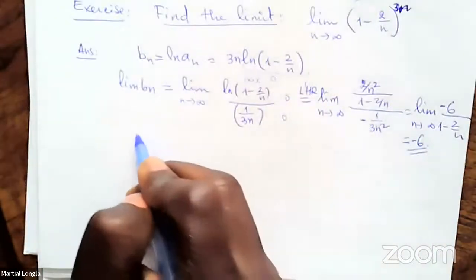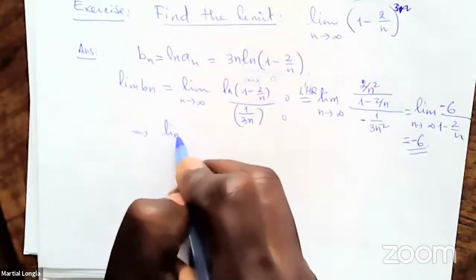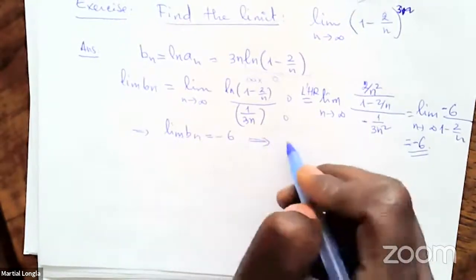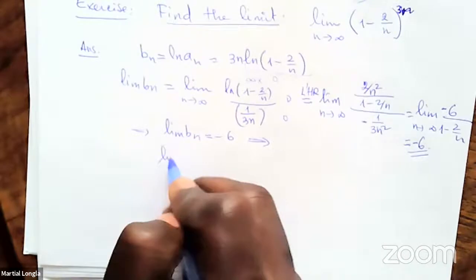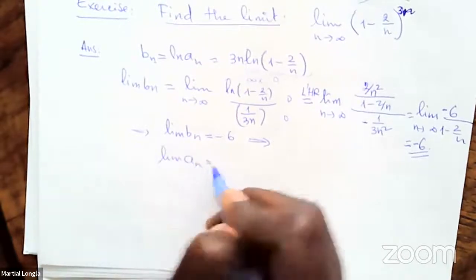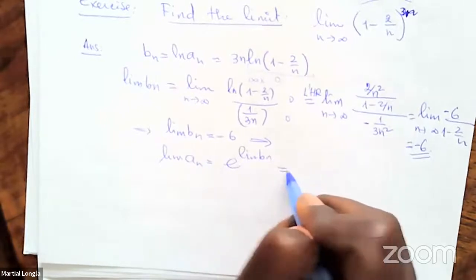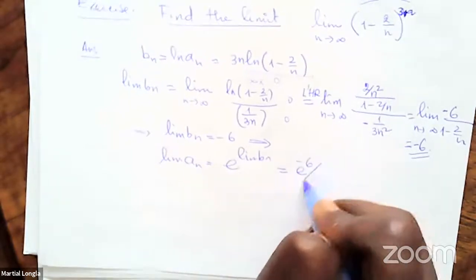Therefore, limit of bn equals -6. So limit of an, which is e to the limit of bn, is e to -6.